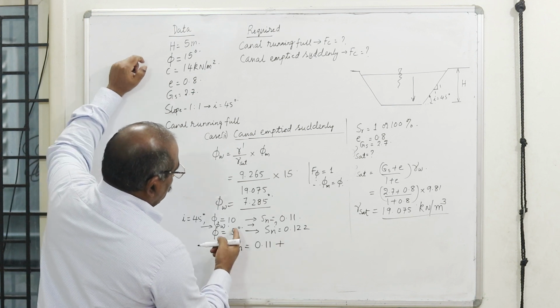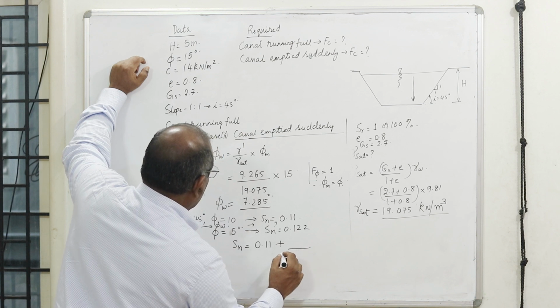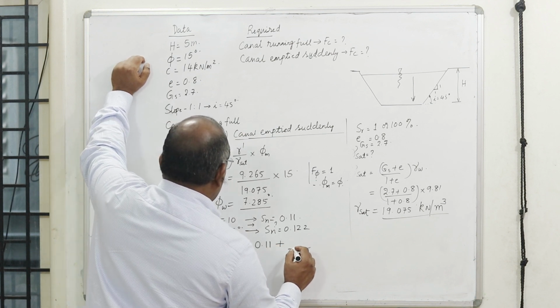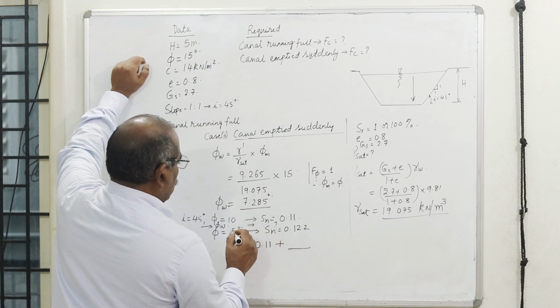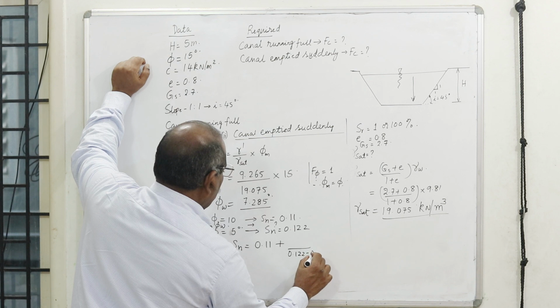Then for a difference of phi, what is the difference? 0.122 minus 0.11.